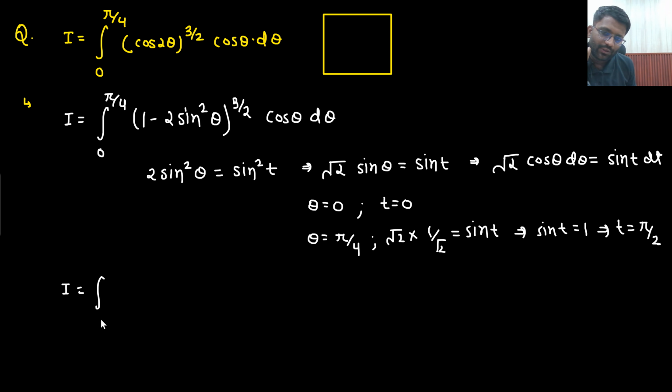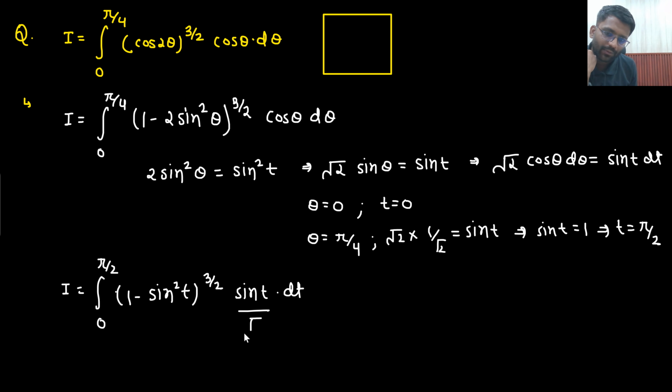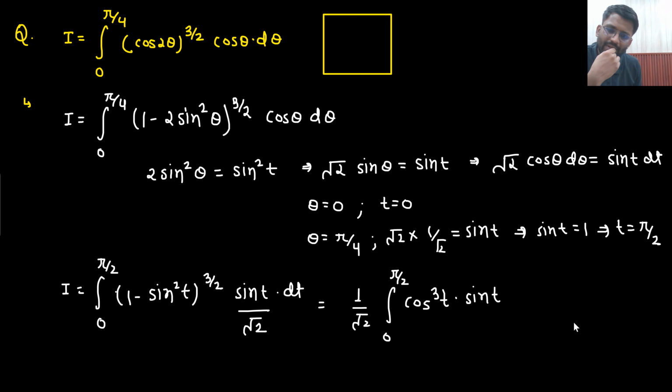I from 0 to pi by 2, 1 minus sine square t to the power 3 by 2, cos theta d theta is sine t dt divided by under root 2. Understandable? So what you will get: 1 by under root 2 outside, 0 to pi by 2, this will become cos square t, so this will become cos to the power 3 t sine t dt.